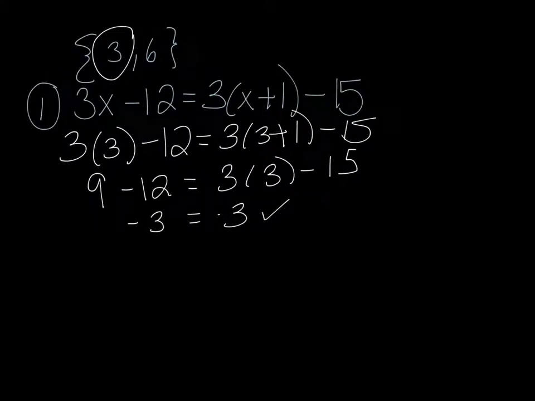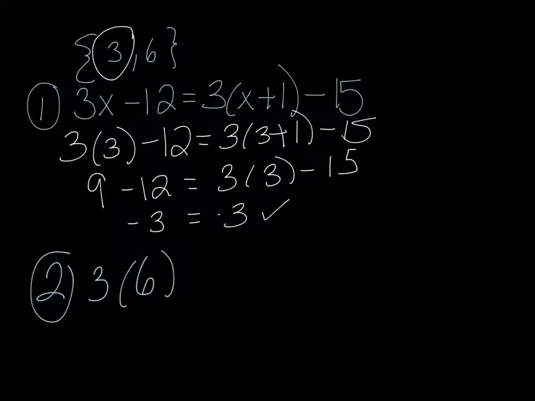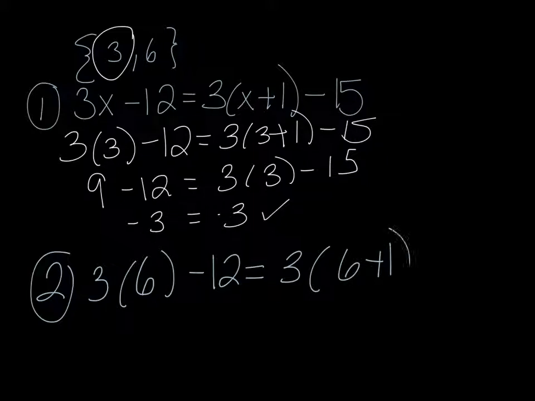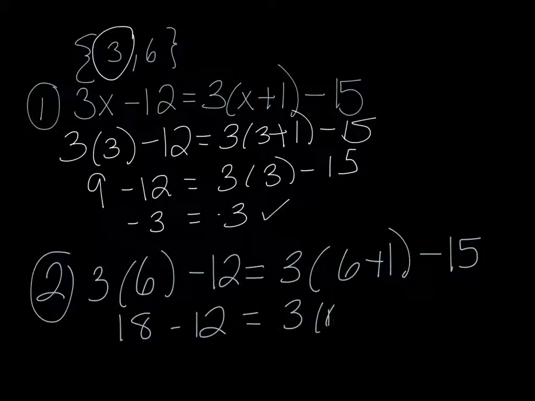So now we're going to try it the second way. Now I'm going to do, in blue, the second one. So I'm going to do 3 times 6 minus 12 should equal 3 times 6 plus 1 minus 15. Okay, so what's happening here? We now get 18 minus 12 equals 3 times 7 minus 15.